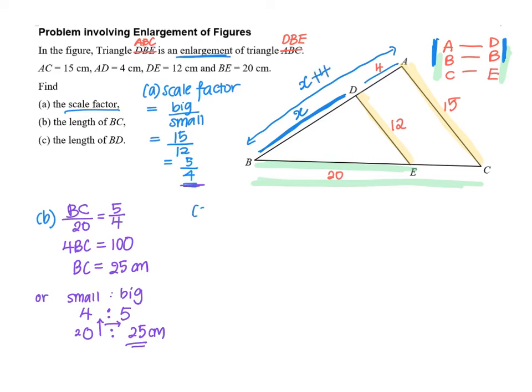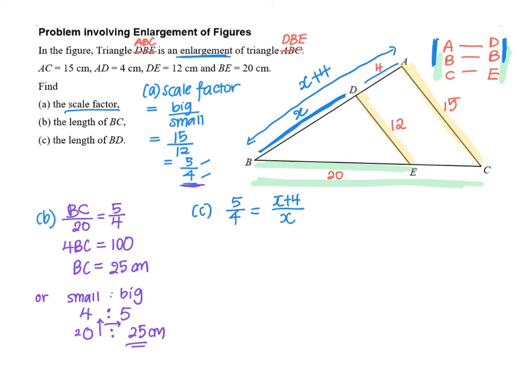According to my scale factor, the large over the small, which is 5 over 4, equals the large side, which is going to be my AB, x plus 4, over the smaller side, BD, which is x.